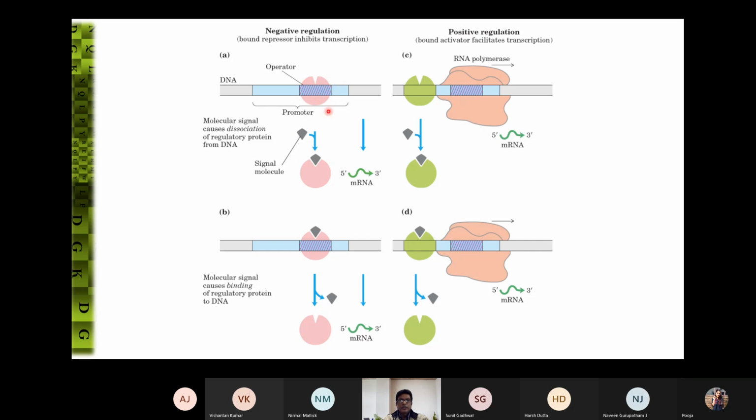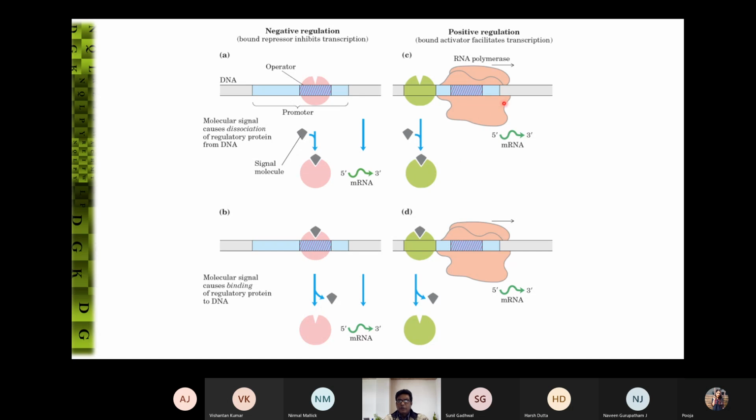The inhibitor is either pre-bound and you have to release it, or it is bound to the site along with another molecule that is required to help it bind for inhibition, and that has to be released to release the inhibition. But the primary action is that it will actually inhibit. Whatever protein sits here will inhibit, but either it has to be released by a binding or it has to attach by a binding. That is the difference.